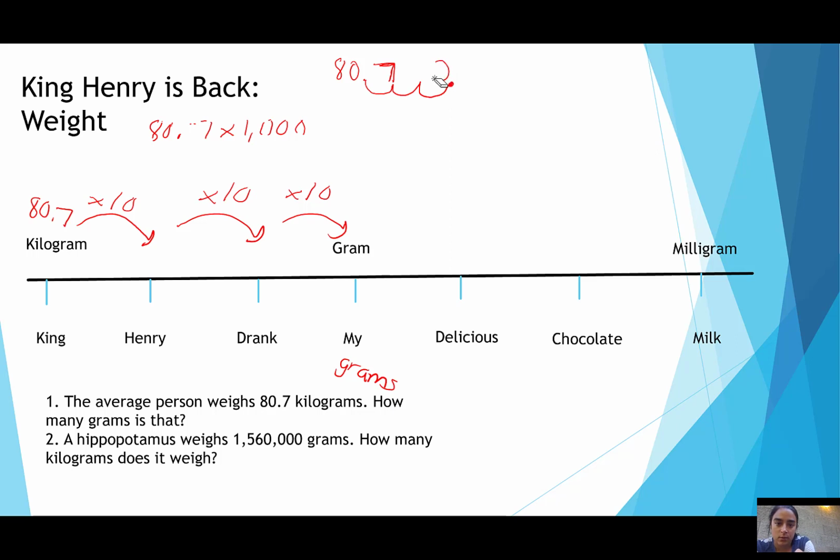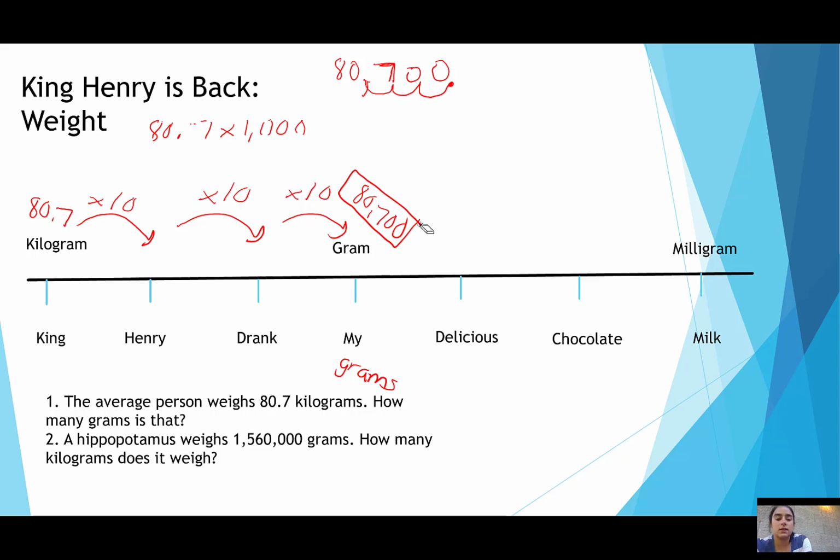Then I'm going to put the decimal. So how many grams is it? 80,700 grams.